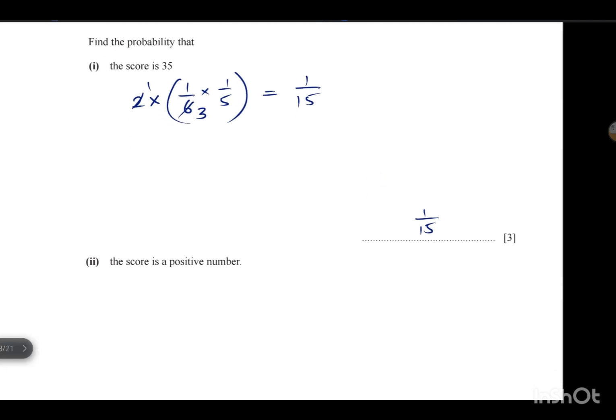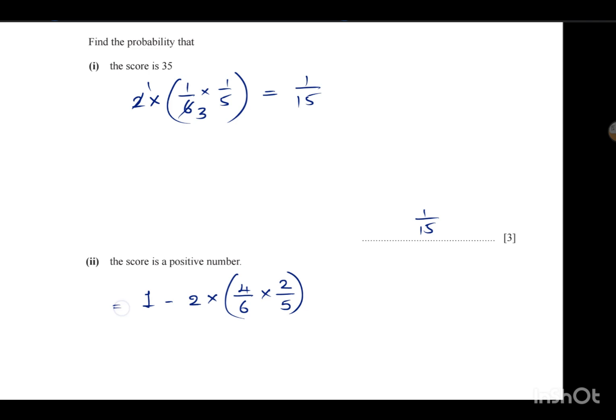So from the whole, let us subtract the probability of getting a negative number. So 2 multiplied by 4 cards out of 6 cards being positive, and the remaining, now there are 2 cards out of 5 cards. This is the thing.